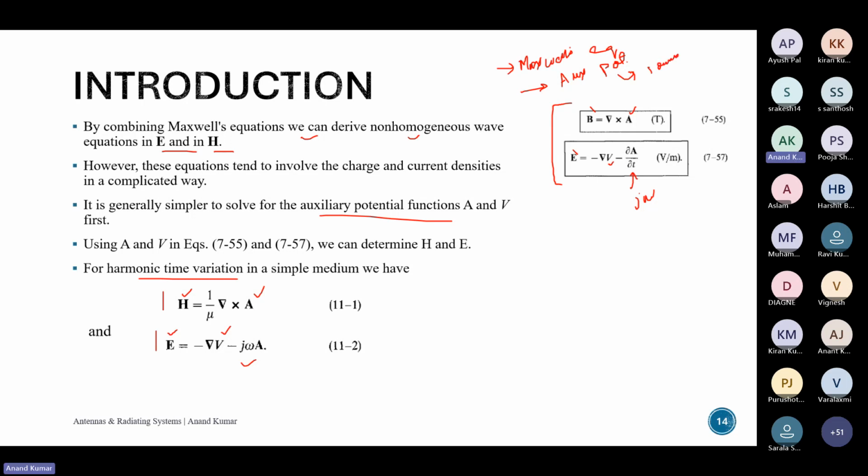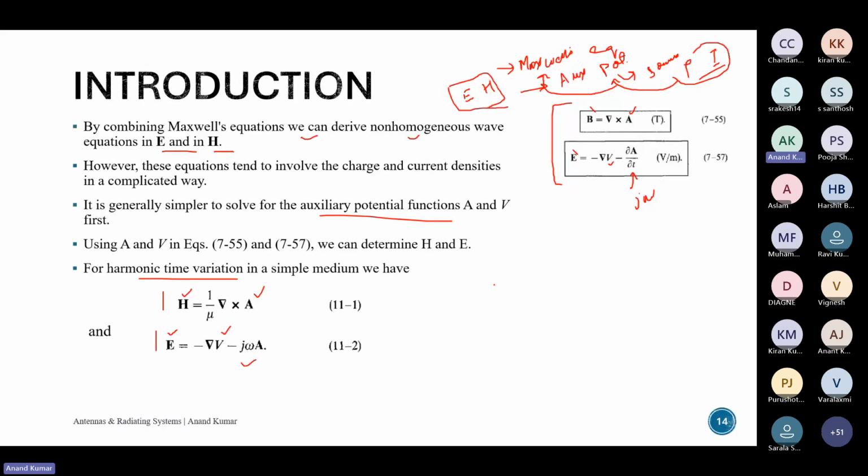We'll see the formulas for auxiliary potentials, which will have rho and current. The auxiliary potentials can be found using charges and currents, and once we find them, we can use them to find E and H, the electric and magnetic fields, which is our goal.